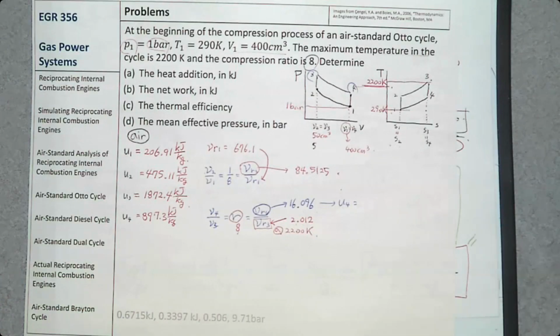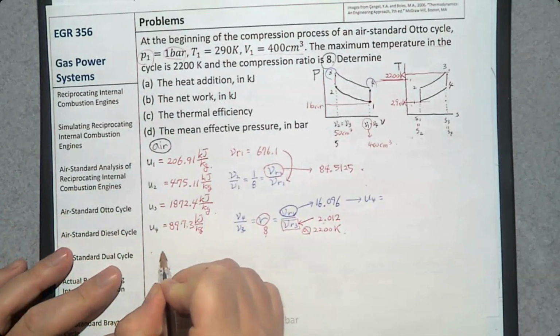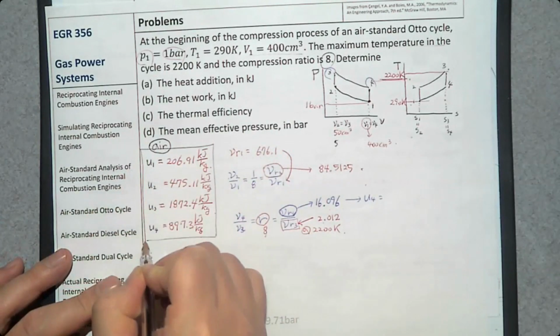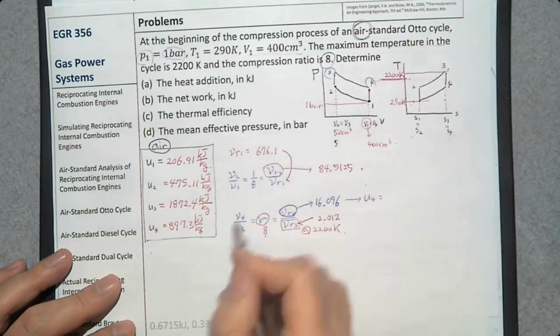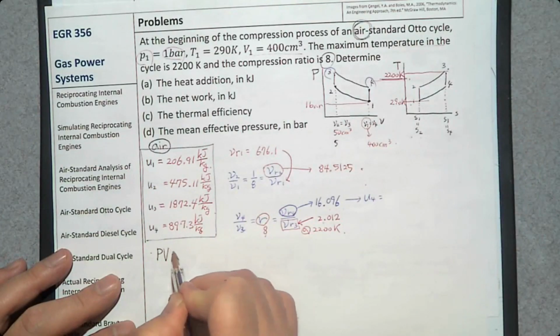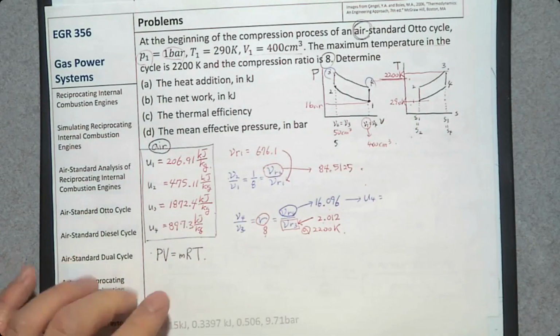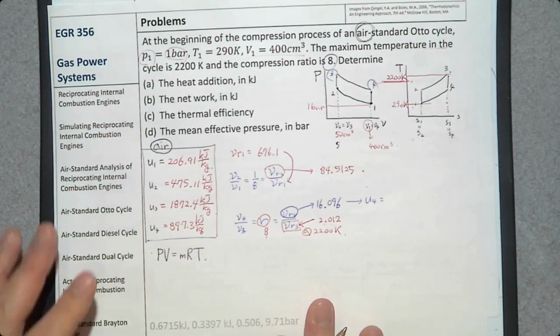There's one more thing, which is the mass of the system. So can we determine the mass? Yes. By how? If you want to determine the mass of the system, we can use ideal gas for air. PV is mRT. Where can you apply this PV mRT? At state number 1, 2, 3, 4.